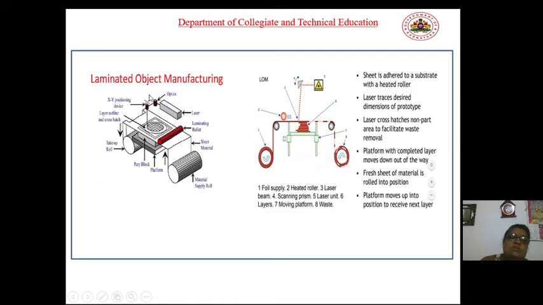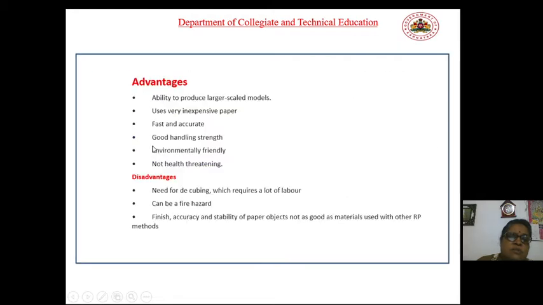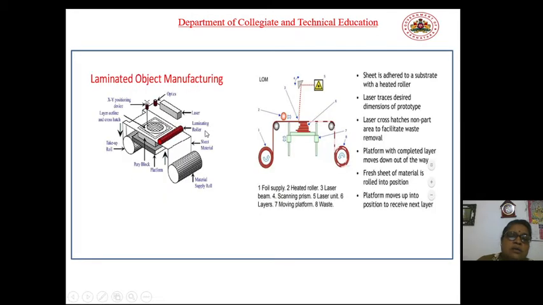So you can observe the 3D view of the laminated object manufacturing system. As I told you, there are two rollers, that is one is a take-up roll and the other one is the material supply roll. There is a heated roller, which is the laminating and heated roller.